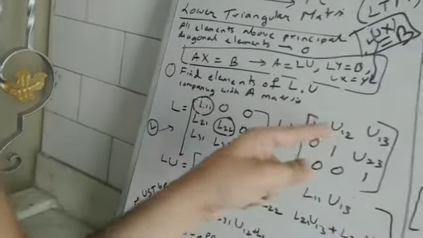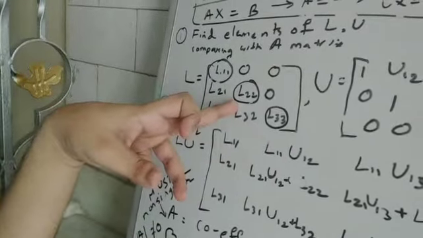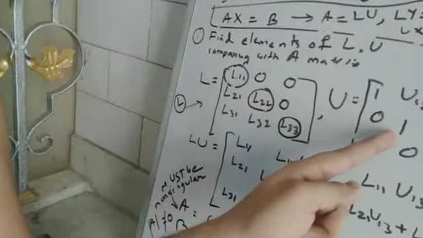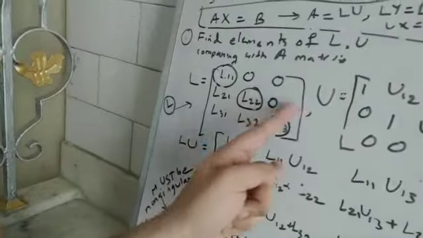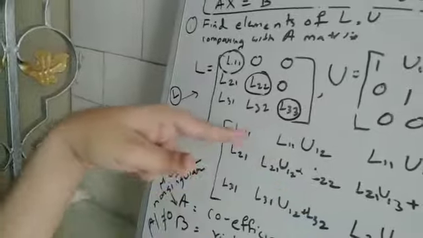Like that, L11, U13 and all the rest will be 0. And for this one, L21 will exist and the others will not. And for this one, L21 U12, and L22 into 1 plus 0 into 0 plus 0. Fine, so you'll get this term.